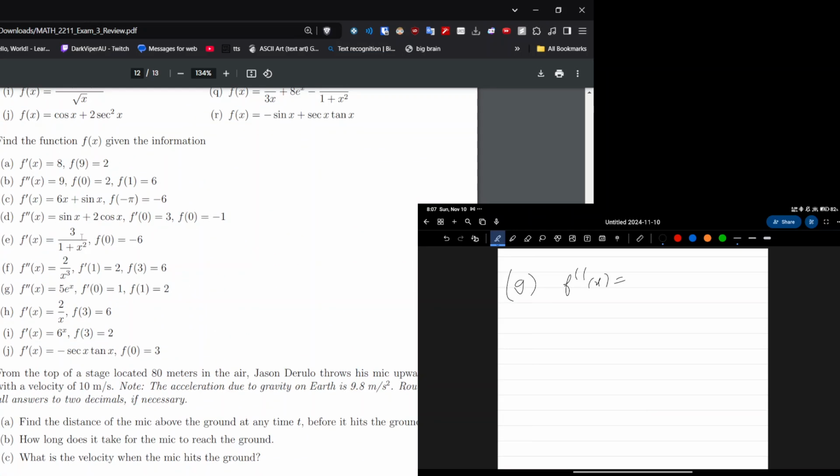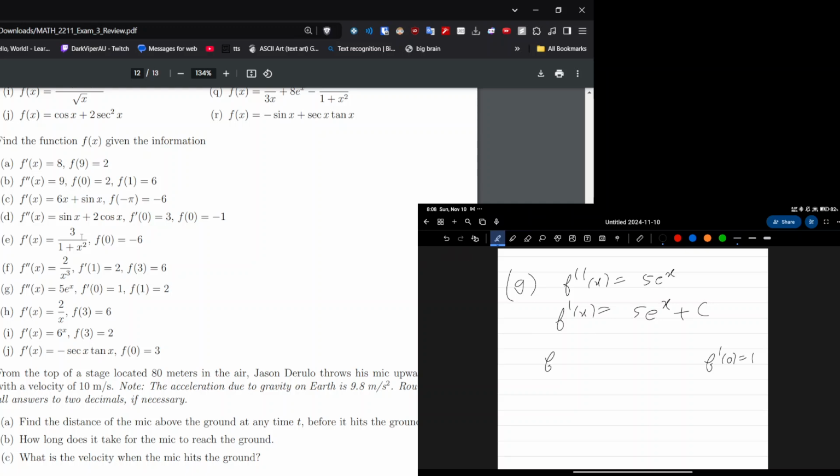Alright. f double dash of x equals 5e to the power x. Okay, let's take an antiderivative of that. So f dash of x equals e to the power x stays e to the power x, so 5e to the power x plus c. And we have been given that f dash of 0 equals 1.